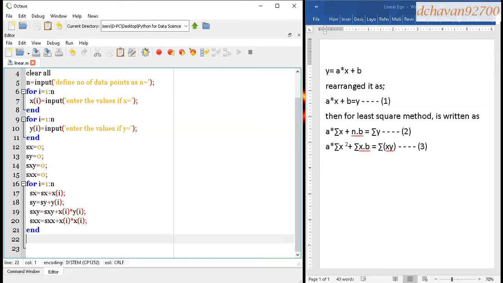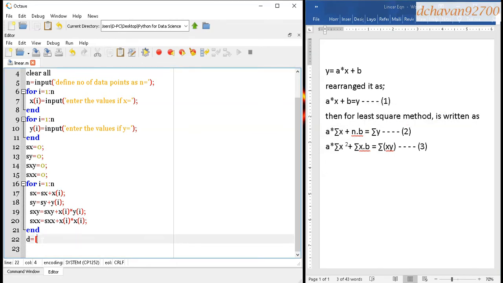Now next task is what? Here we have to use Cramer's rule. So for Cramer's rule, this equation plays an important role. So from this equation we have to define the determinant values, different matrices values. So we define D is equals to, so that is the left hand side of the equation, the coefficient of the variables.